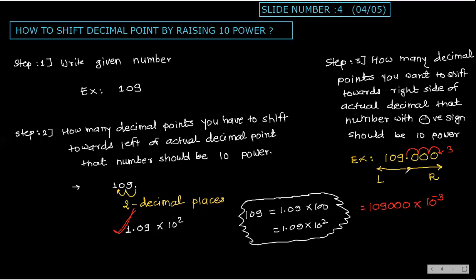No need to go for this method. But this is for your understanding, or if you want to use this anywhere, then you can use this also. If you want to shift this side or that side, both sides I told. This side means positive power. This side means negative power.